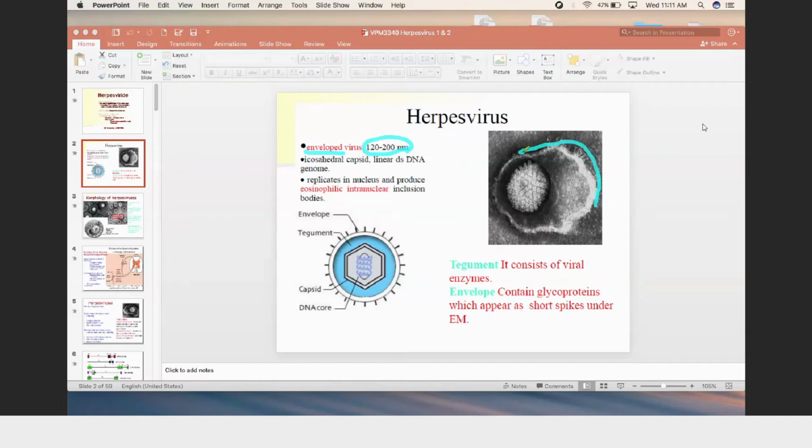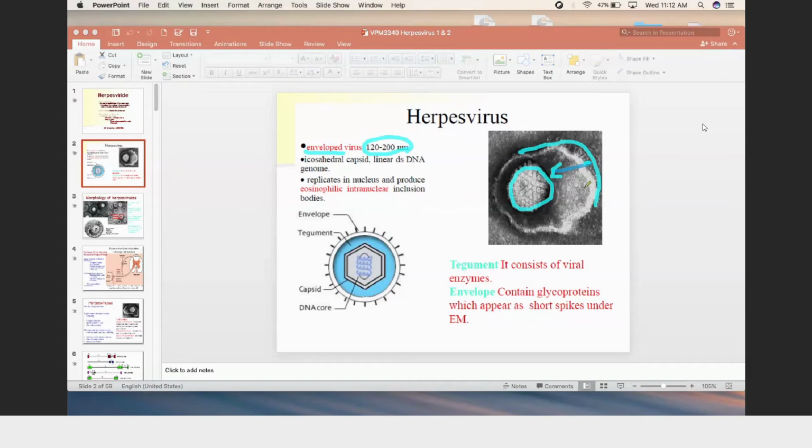You can see this is the envelope, and this is the capsid. There is a space between the envelope and the capsid. So you have the envelope, you have the capsid, icosahedral in shape, and the space here we call the tegument layer. It contains viral proteins and factors that contribute to the initiation of virus replication following virus infection of the cell.